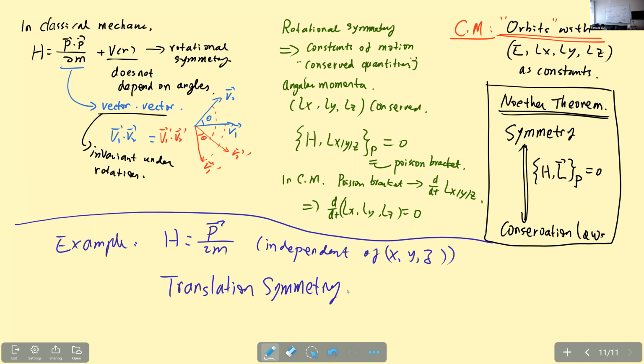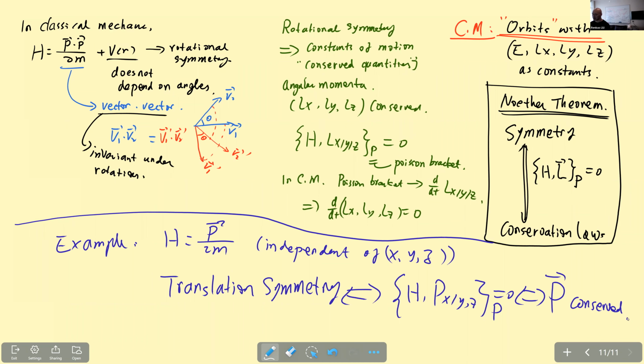Because of this, the Hamiltonian and the momentum px, py, pz have 0 Poisson bracket, so that we have momentum conserved. So these are three things about the system: you have a symmetry, a vanishing Poisson bracket, and momentum conservation. So that's for the momentum.